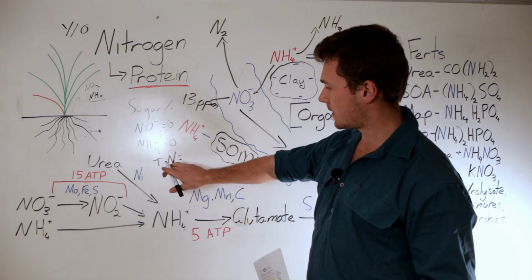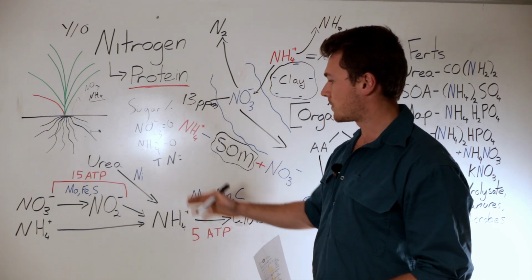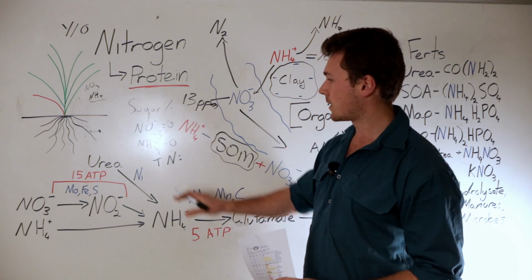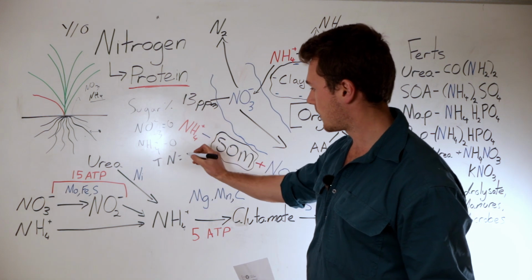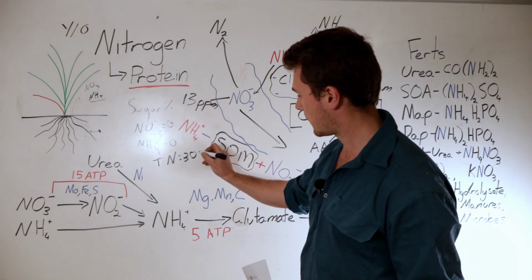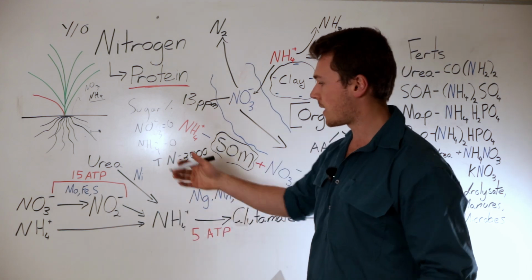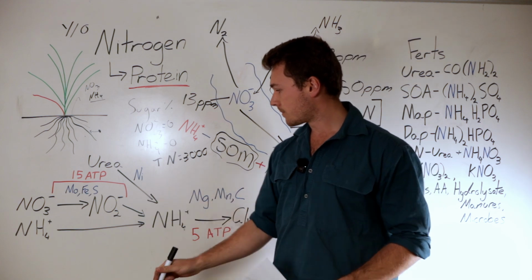And this considers our amino acids, proteins, as well as peptides. It's the total amount of nitrogen in the plant sap, as well as our inorganic forms. But if these are both at 0 and this is at, say, 3,000, then we know that there's 3,000 parts per million of protein or amino acids or organic nitrogen in the plant sap, which is really good.